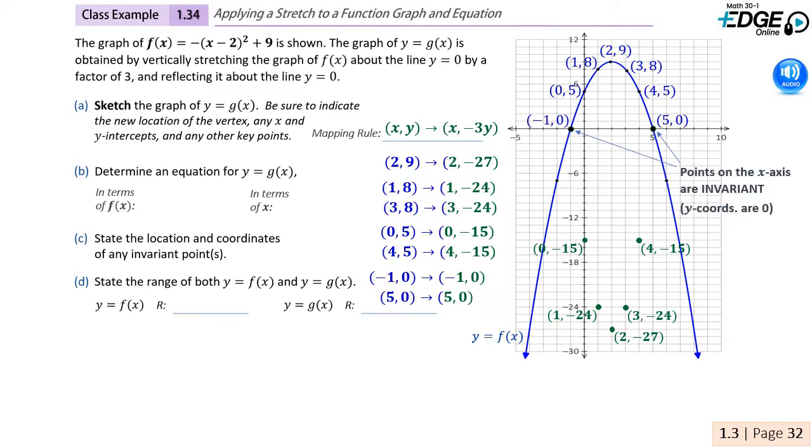We'll note again that the x-intercepts, because they have heights of 0, will remain invariant under this transformation.